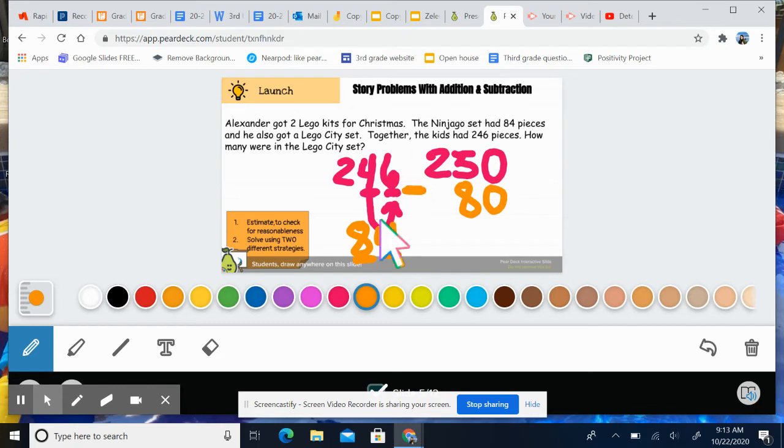Now we will subtract to find a reasonable answer. 0 minus 0 is 0. Can you do 5 minus 8? No. So you must ungroup your hundreds. 200 is a 100, and now this says 150. Let's count up 80 to 150. 80, 90, 100, 110, 120, 130, 140, 150.